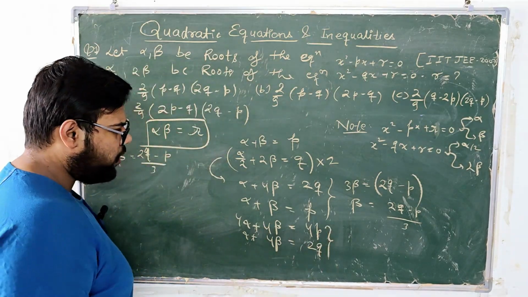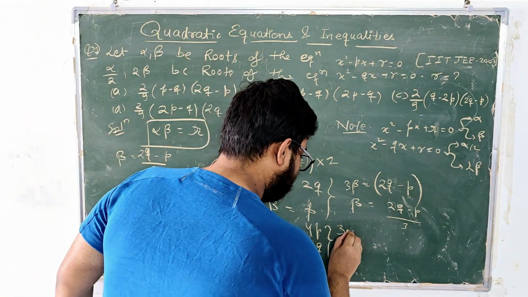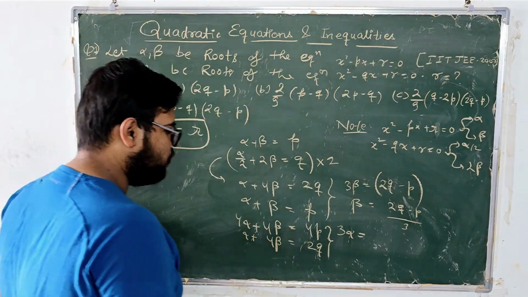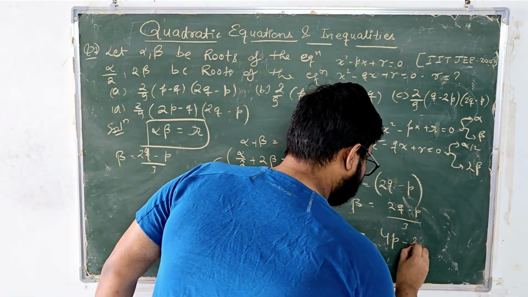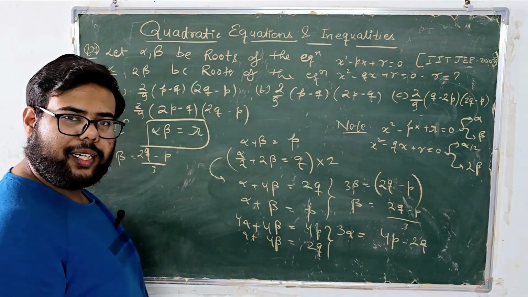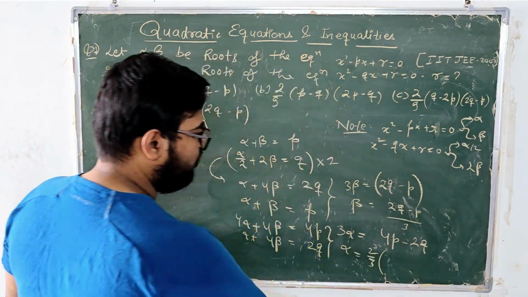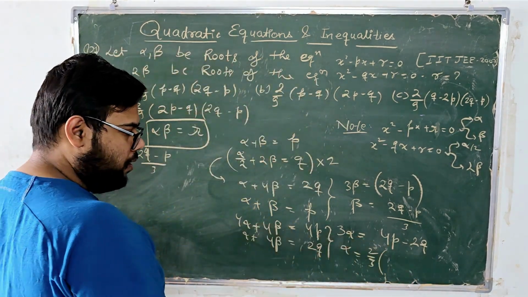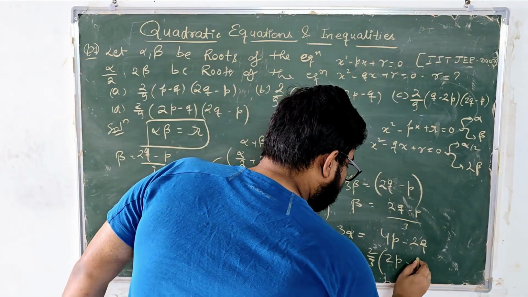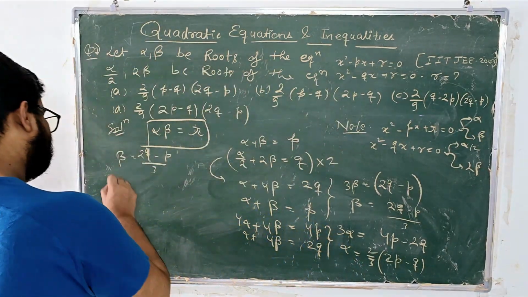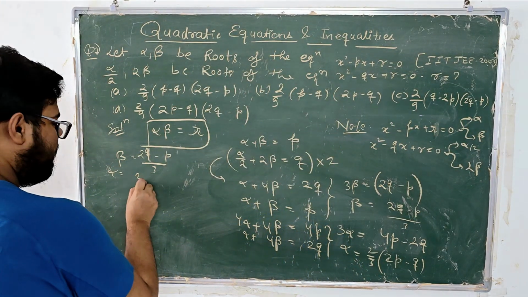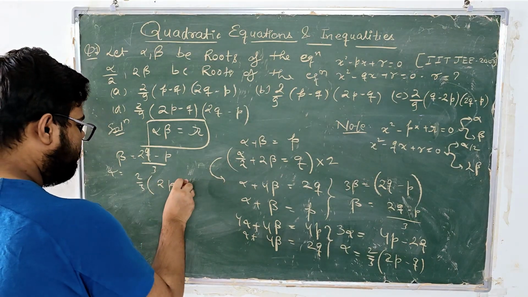When you solve it, alpha is 2 by 3, taking 2 as common, 2P minus Q, correct? So alpha is 2 by 3 times 2P minus Q.